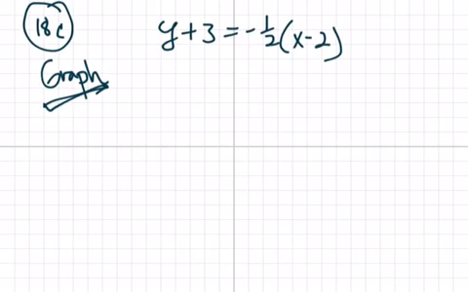Here we want to graph this equation. Y plus 3 is equal to negative 1/2 x minus 2. So one way to do it would be to figure out what coordinates are in this point slope form. So the x coordinate, since it's minus, then the actual x coordinate is 2. The y coordinate, since this is plus, the actual y coordinate is negative 3.